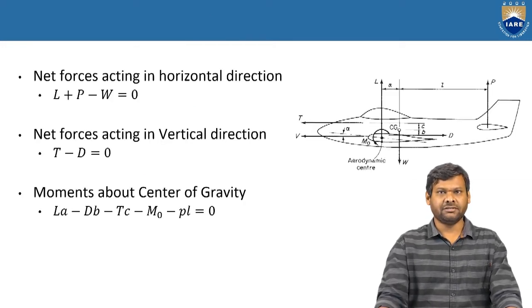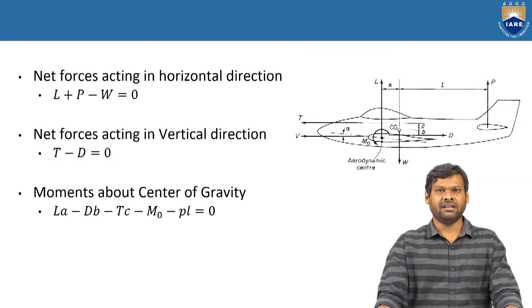Now resolving the forces in horizontal and vertical directions. First, we have identified the forces acting on an airplane; second, we have also identified the moments produced on an airplane; and third, we have the distances from the center of gravity to the other force lines like drag, thrust, and other things.